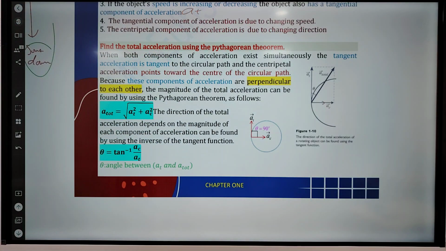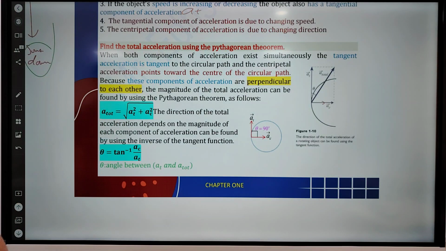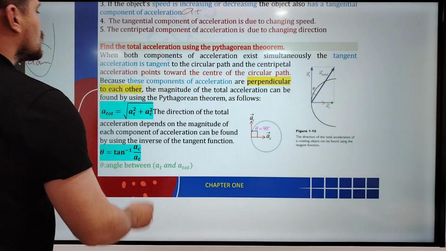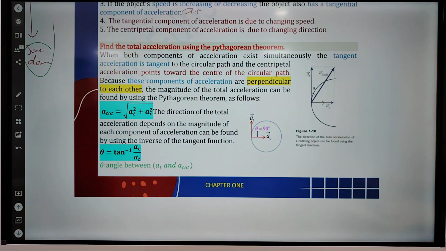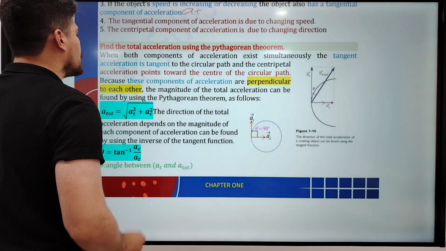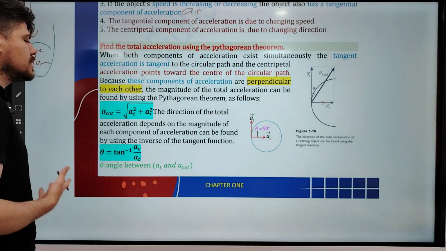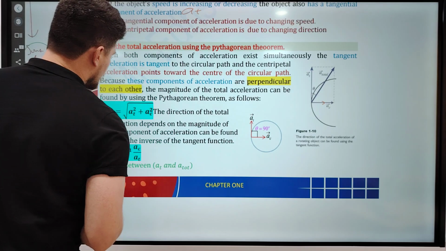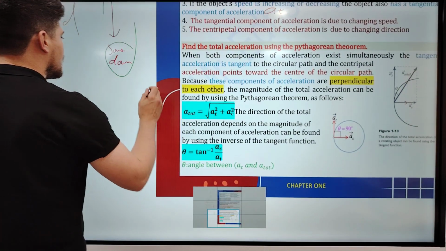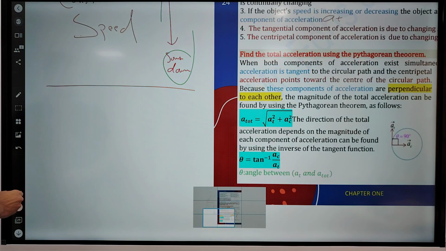Okay? When both components of the acceleration exist simultaneously, the tangential acceleration is tangent to the circular path, and the centripetal acceleration points toward the center of the circular path. Because these components of acceleration are perpendicular, we can use the Pythagorean theorem to find the total acceleration. Okay, which are perpendicular to each other. For every two vectors that are perpendicular to each other, we can use the Pythagorean theorem.